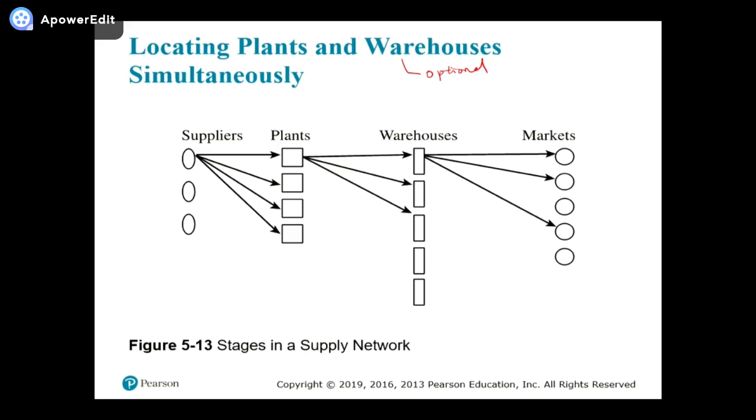For example, in this supply network, we have warehouses that directly serve our markets, and then manufacturing plants that ship to these warehouses, and then suppliers who supply to these plants. So we need to decide both the plant and warehouse location decisions and their capacities and their demand allocation.